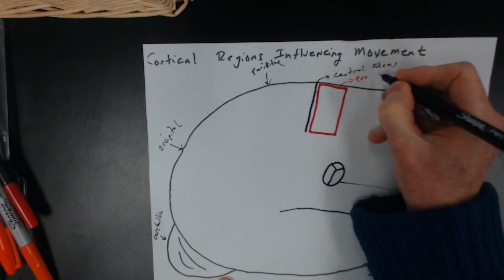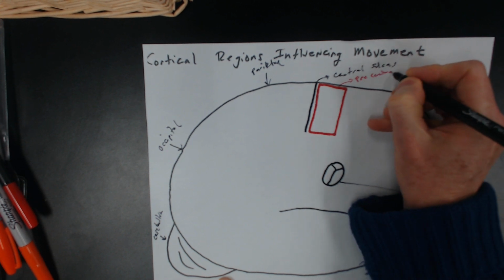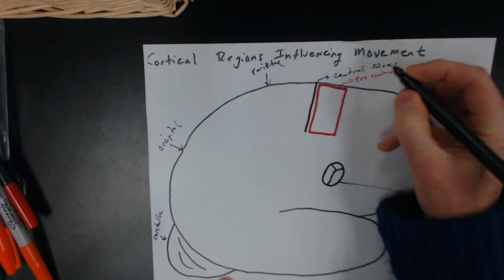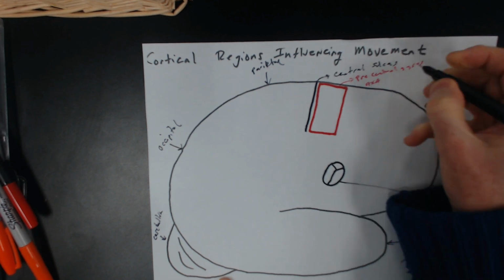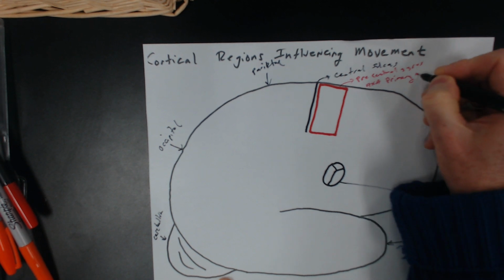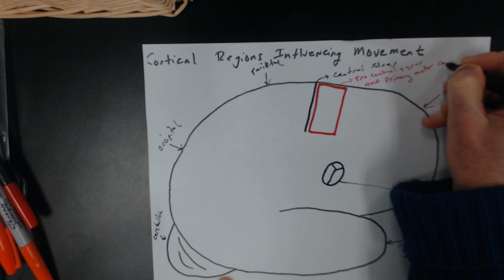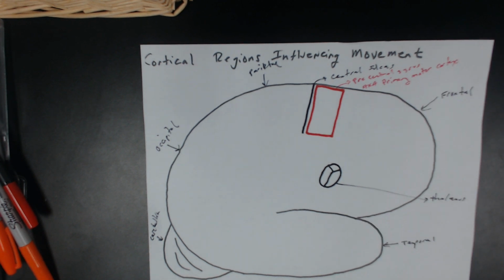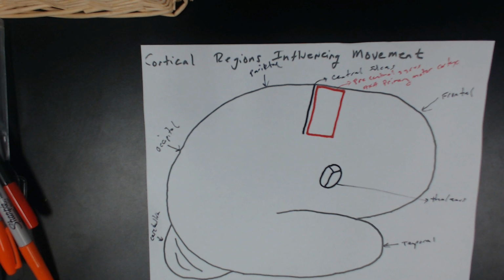This can be your precentral gyrus. It could also be your primary motor cortex. I may have said that in talking about it previously, but it's the place where your upper motor neuronal cell bodies reside.